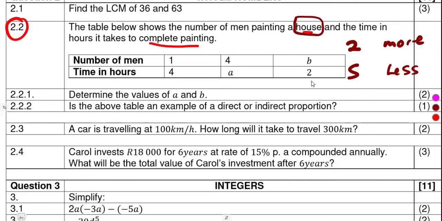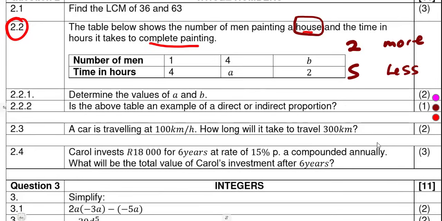The lesser the people, the more time they will take to complete the job. The more people that are there, the less time, because guys, you are many. So you complete that task in lesser time.